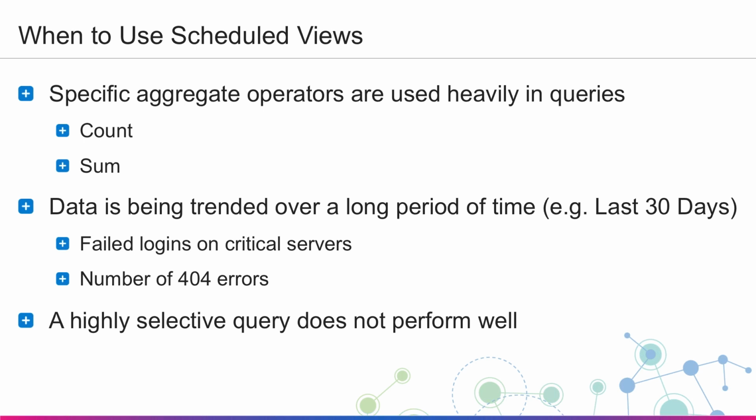However, there is also a chance that you might be applying other operations to the limited scope that you have that slows performance down a little bit. And in those cases, you'll want to develop a schedule view with the query that you're using.